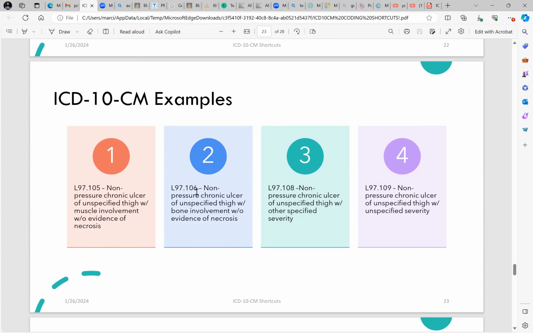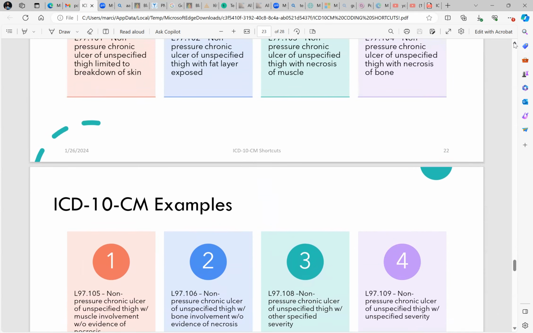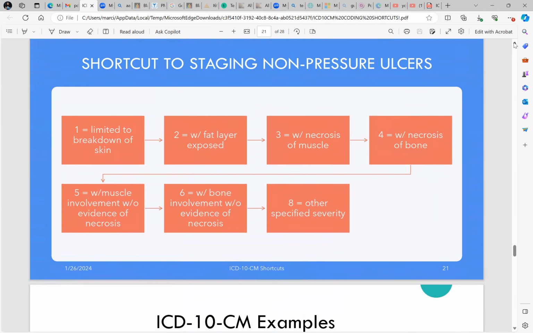If it ends with a 6, bone involvement without evidence of necrosis. Ends with an 8, other specified severity. The severity is specified in the documentation, but it doesn't fit any other of these codes. And 9, of course, with unspecified severity, meaning that the provider did not specify the severity of the ulcer.